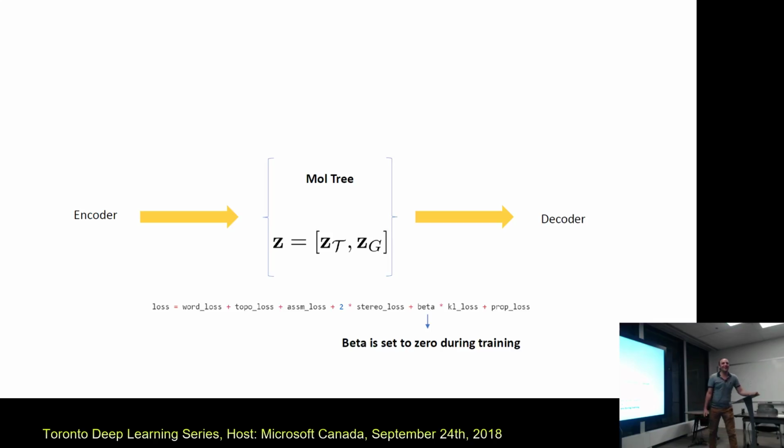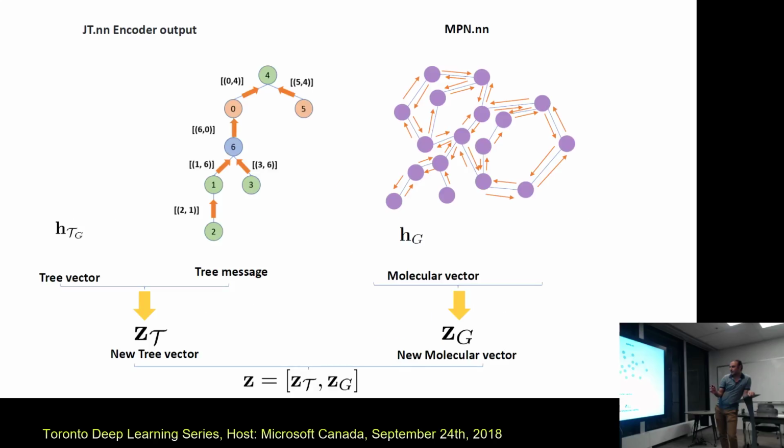Okay. One quick bit: you had HG. How was that included in the ZG? Before that you have HG, right? HTG is for the junction tree, and HG is from our graph molecular graph encoder.